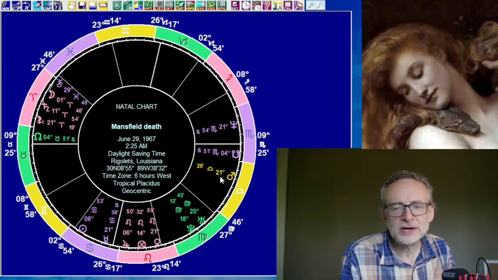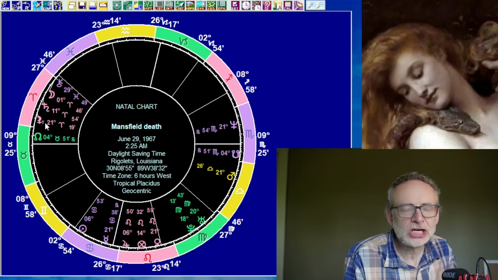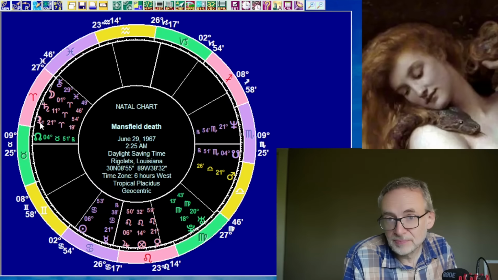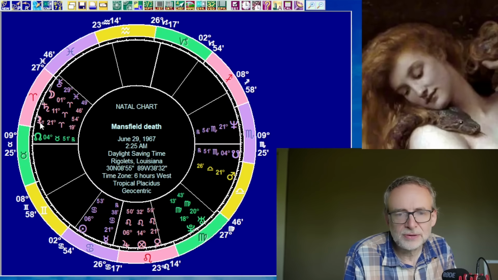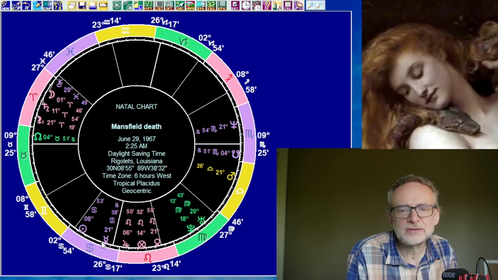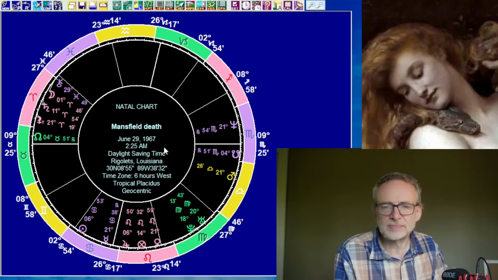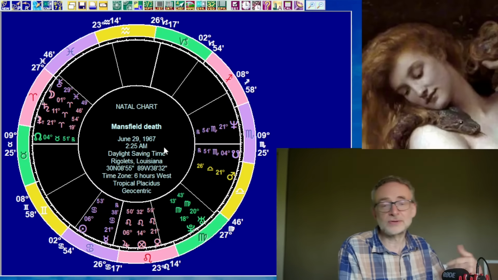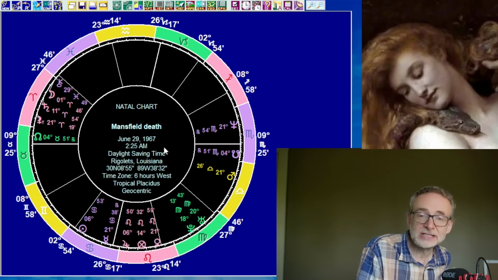We've got Mars opposition Black Moon Lilith, and it's quite a strong, quite a close opposition, and it's square Mercury, and it's quite close to the IC, but that's quite a powerful T-square, isn't it? At that event. So that was, of course, the death of Jayne Mansfield.